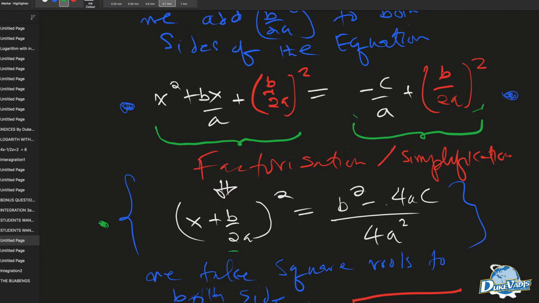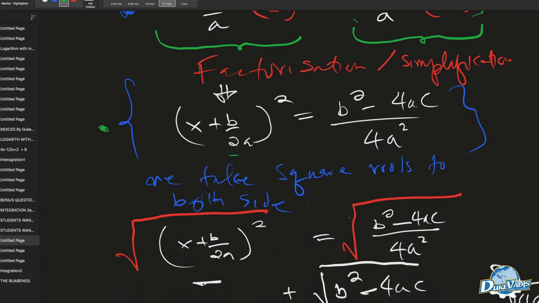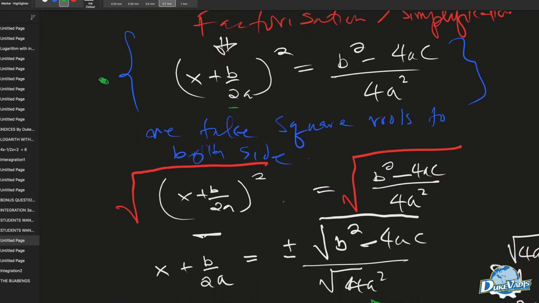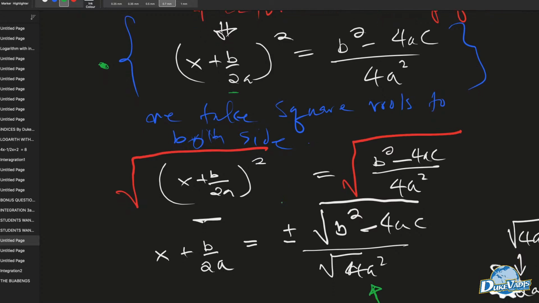Then we have b squared minus 4ac all over 4a squared. Then we take the square root of both sides of the equation. As you can see in red again, when we take the square root of a square, it becomes the value itself, so we have x plus b over 2a.